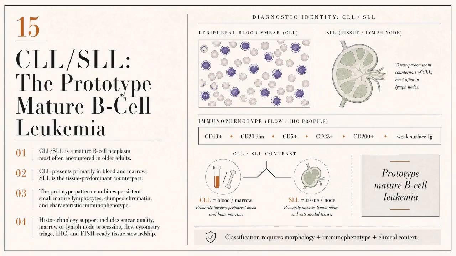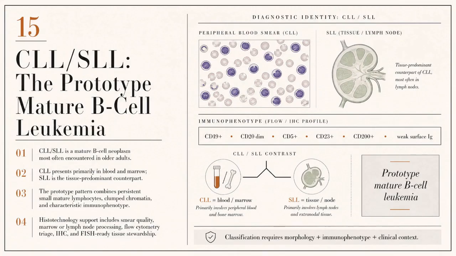For example, mantle cell lymphoma also expresses CD5, but is negative for CD23 and positive for cyclin D1 due to the t(11;14)(q13;q32) translocation, which is detectable by immunohistochemistry or molecular cytogenetic testing such as FISH. This distinction is critical because MCL generally has a more aggressive clinical course and different therapeutic implications.